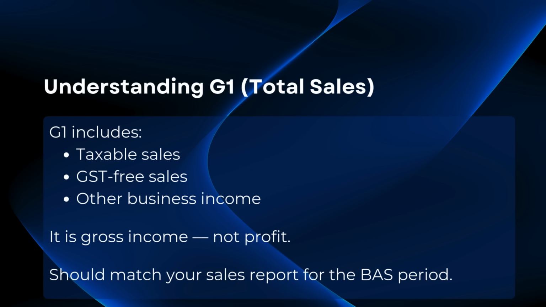That $6,000 is reported at 1A. This is the amount of GST you collect from customers. And remember, this is not your income, it's money you're temporarily holding before passing it on to the ATO.